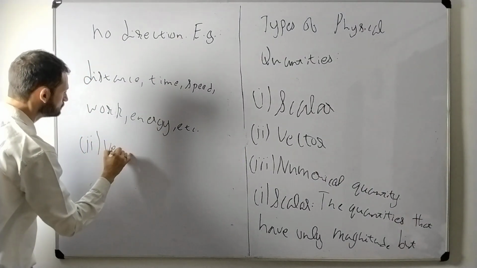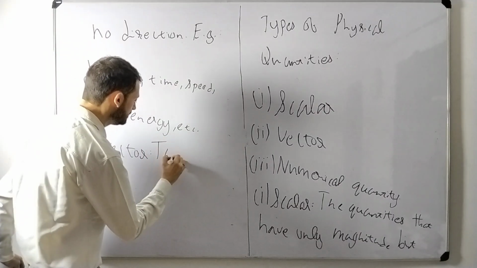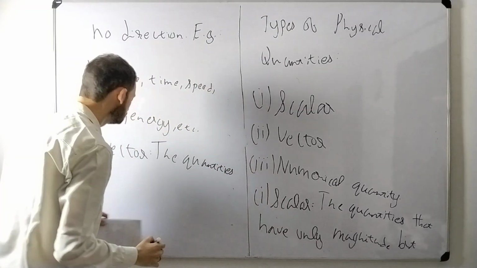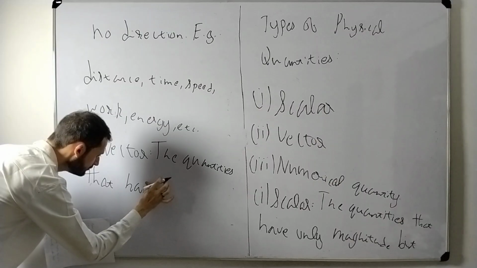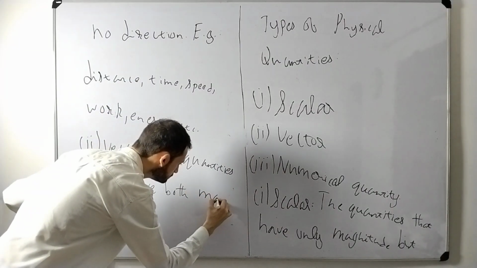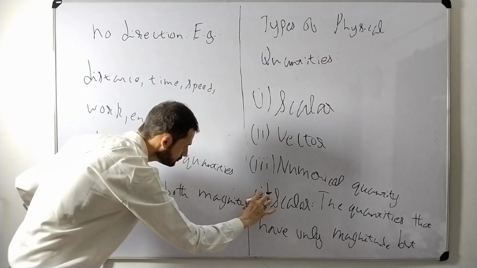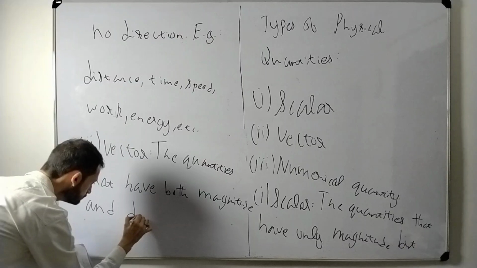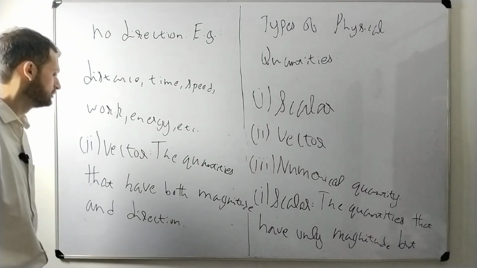Vector quantity. The quantities that have both magnitude and direction are called vector quantities.